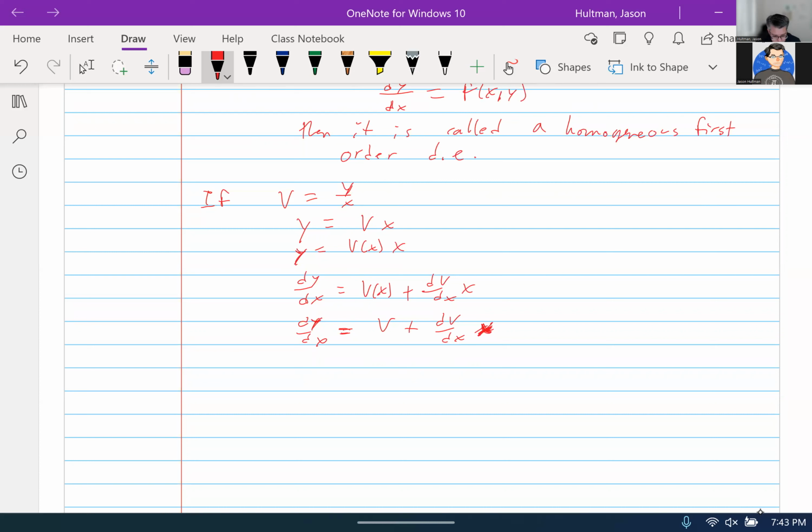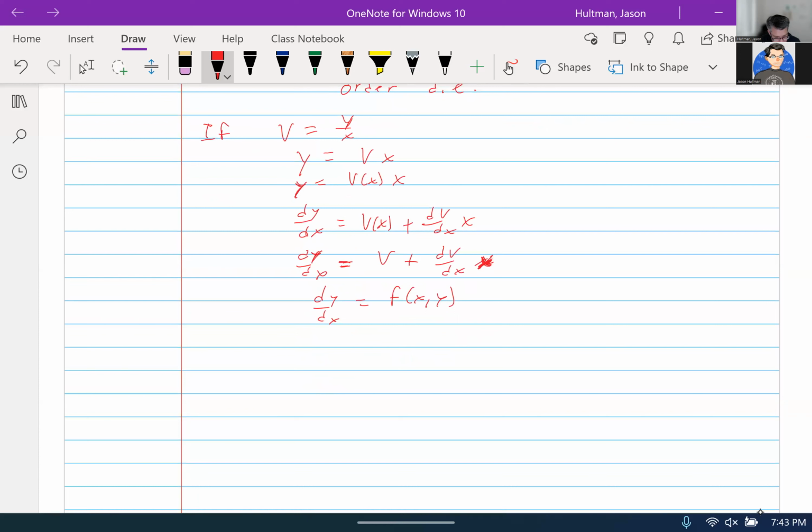And so we could say that dy dx is going to be equal to some f of xy. Okay, some homogeneous first order differential equation there.